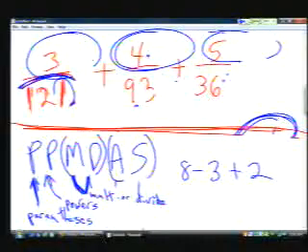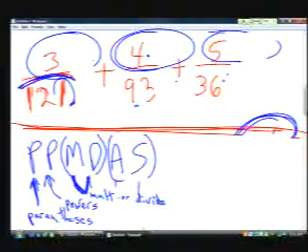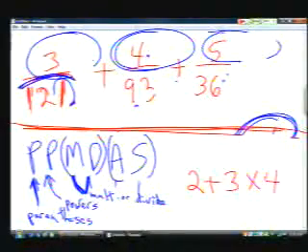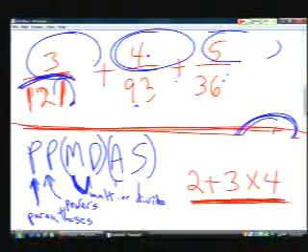Now the reason it is so important to know, on that original problem that I gave you, of 14 or 20, is that then you'll know if your calculator has correct order of operations.